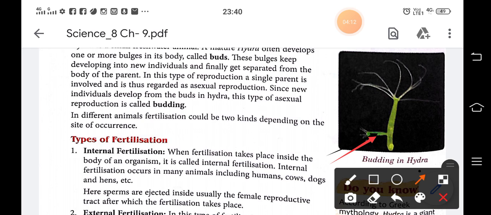When the favorable condition comes, these buds get detached from the body of the hydra and develop into a new organism. Because it happens due to the formation of buds, the asexual reproduction in hydra is known as budding.